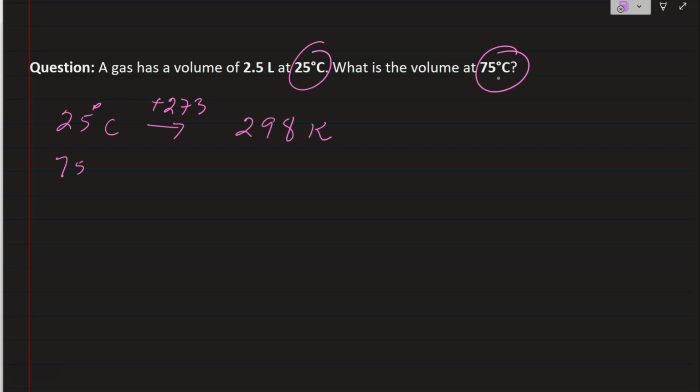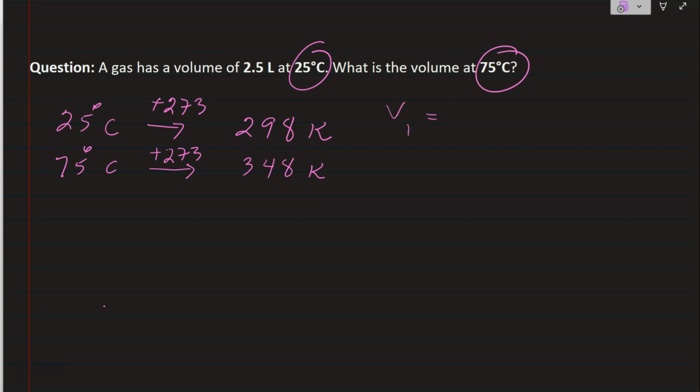For 75 degrees Celsius, you do the same thing. To change that to Kelvin, you add 273 to it, and what you get is 348 Kelvin.